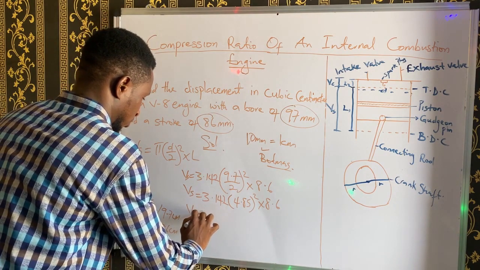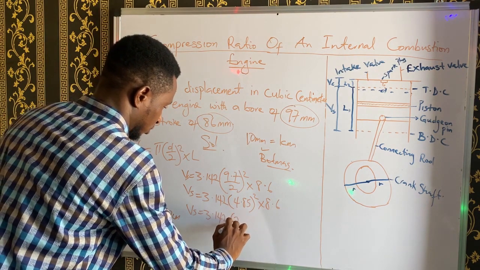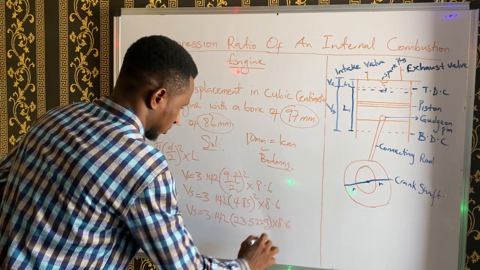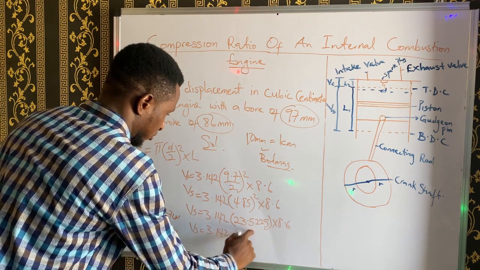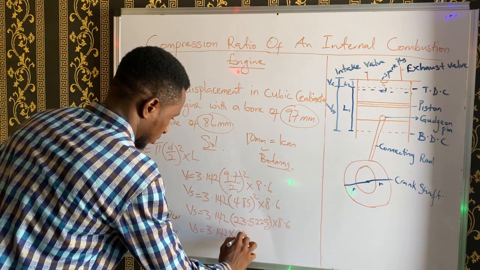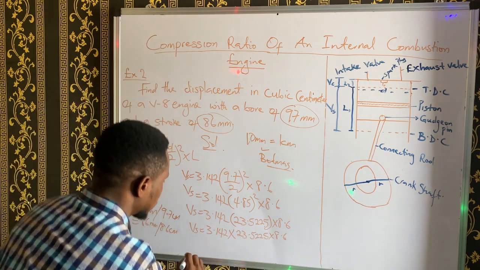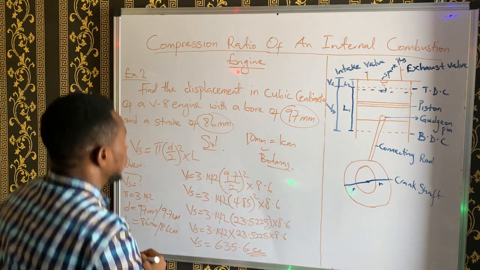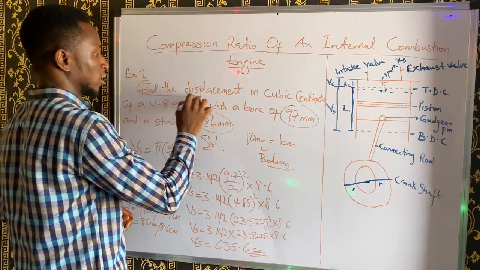The square of this should be 23.5225 multiplied by 8.6. The bracket simply means multiplication, so we multiply 3.142 by 23.5225 multiplied by 8.6. So our Vs equals 635.6.